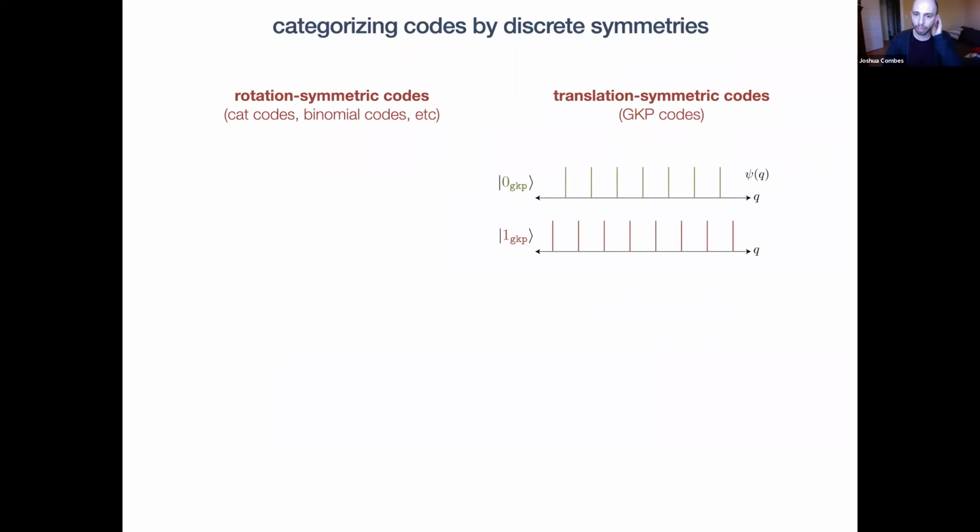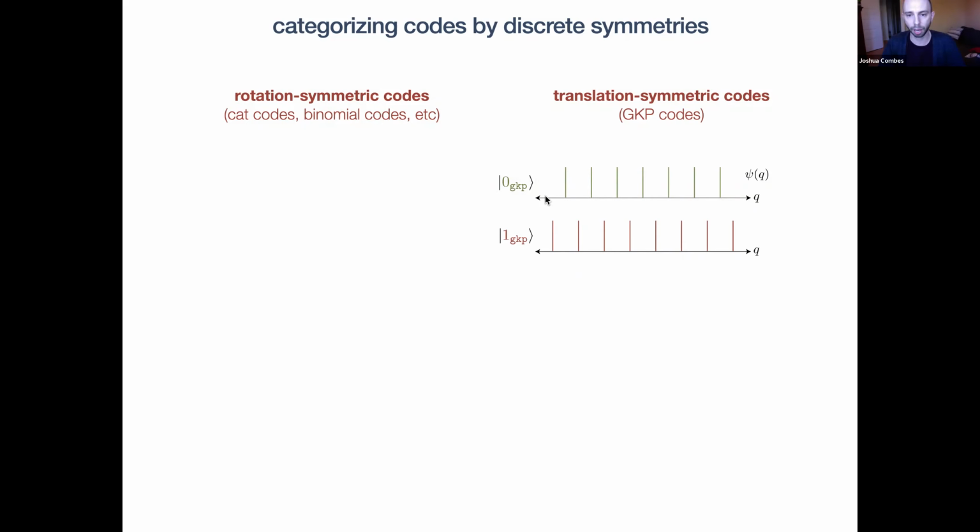So if we take the harmonic oscillator and look at the position wave function, so this is an inner product of some general quantum state with a position eigenstate. For the translation symmetric codes, you have a superposition of position eigenstates that have some sort of spacing between this lattice.